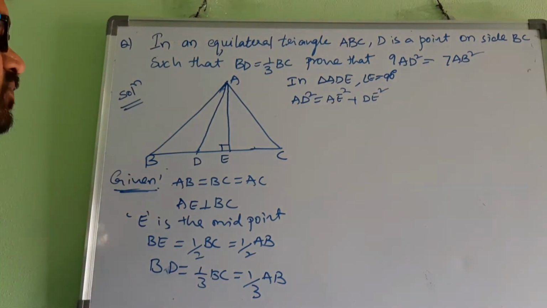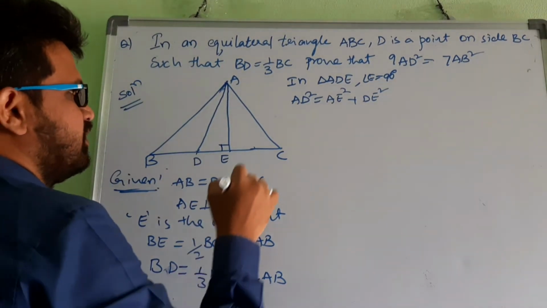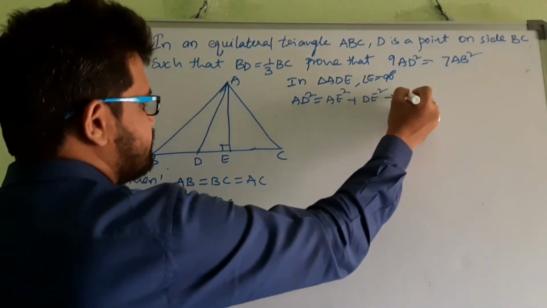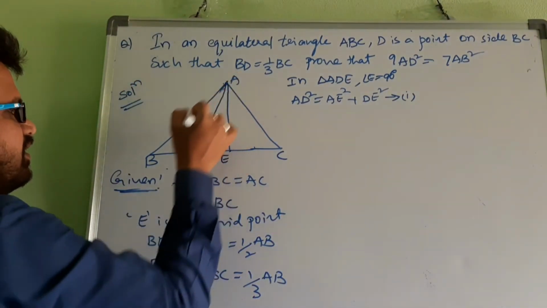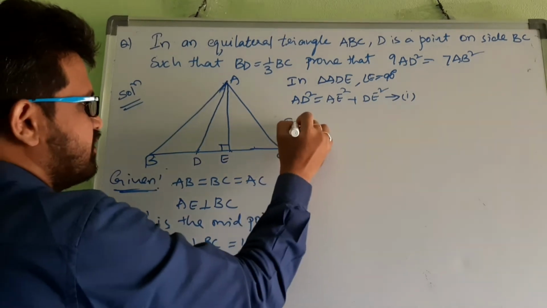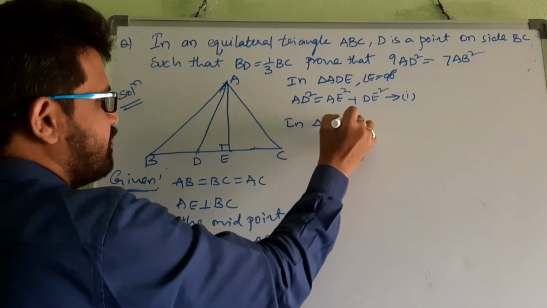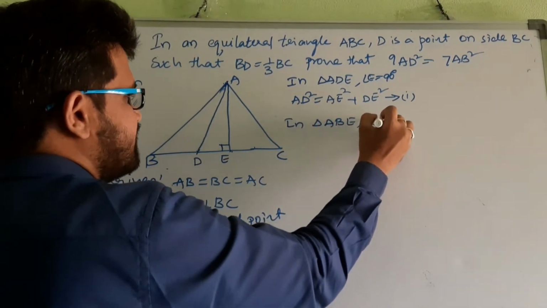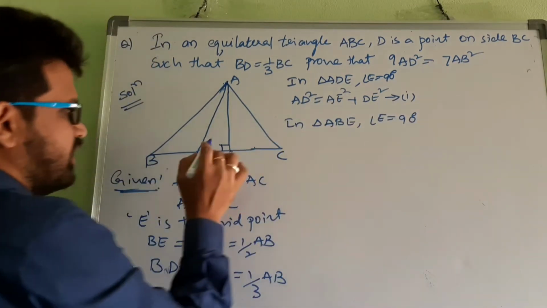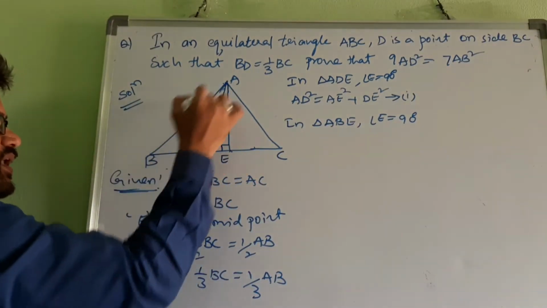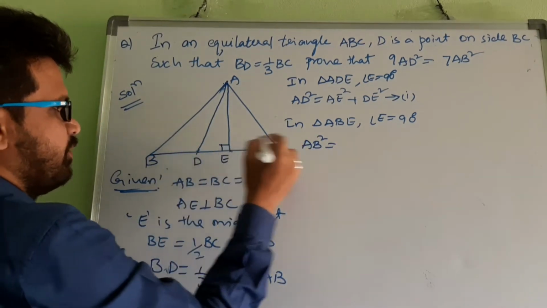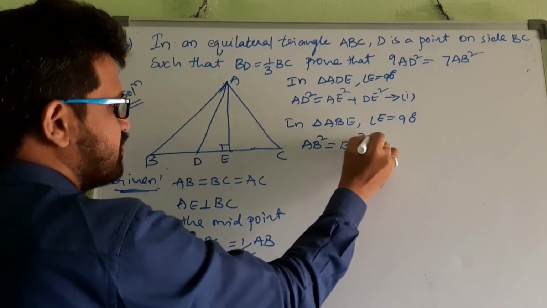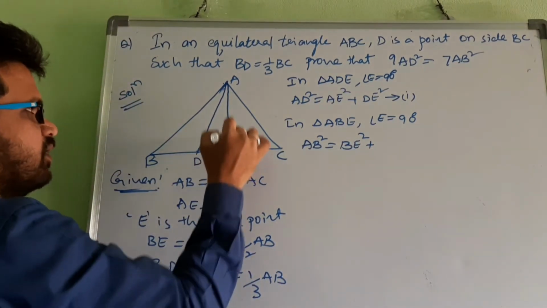Let this be 1. Next, in triangle ABE, angle E is 90 degrees again. What is the hypotenuse in triangle ABE? The hypotenuse is AB. AB square is equal to BE square plus AE square.